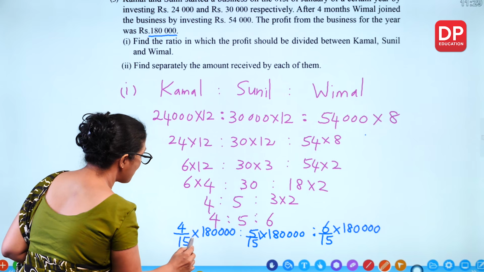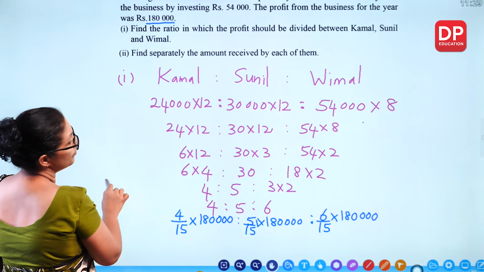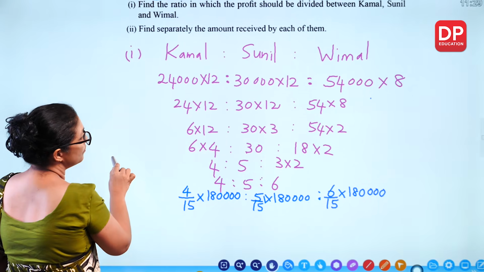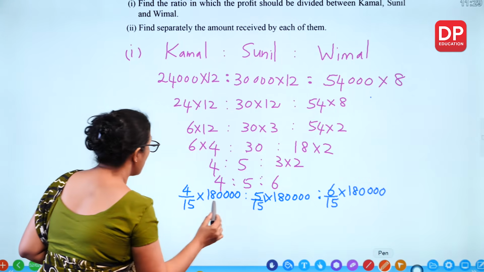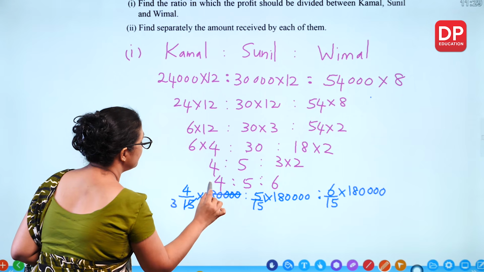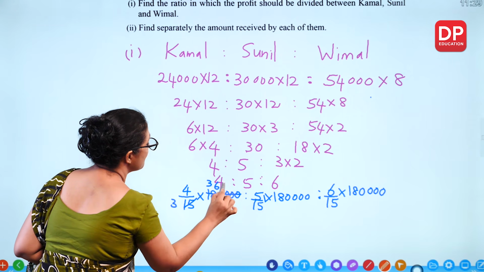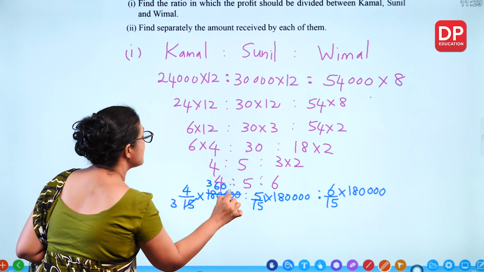You can divide by 5. You can divide by 5. ₹36,000.